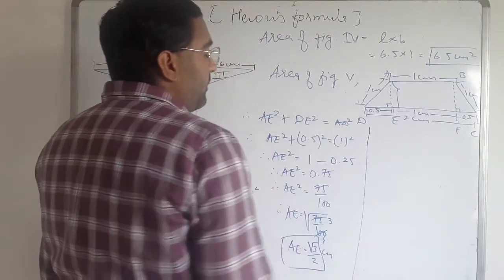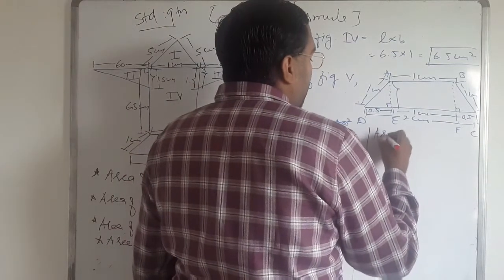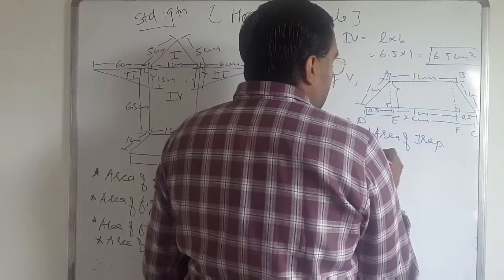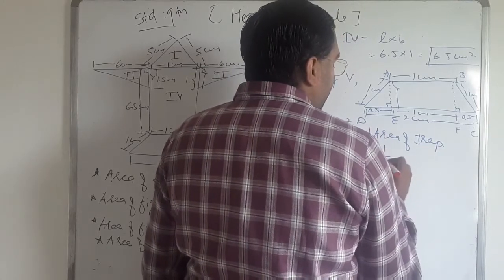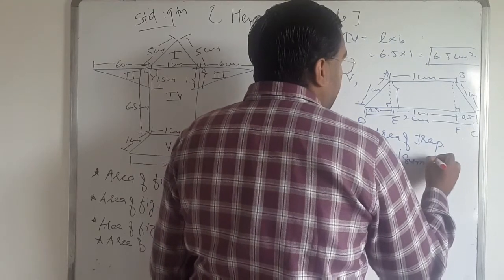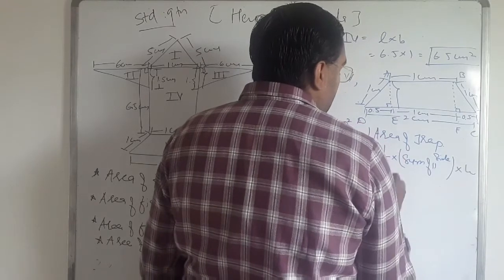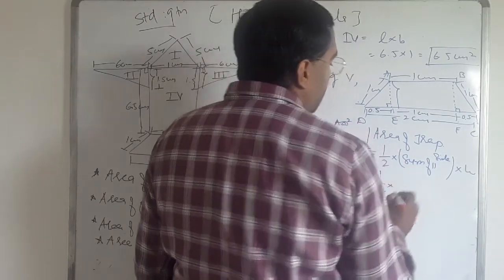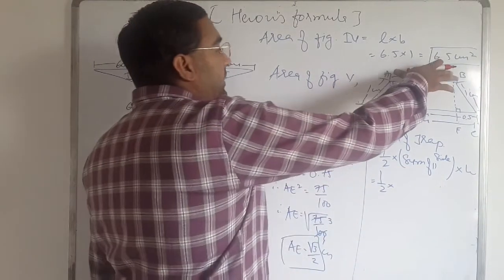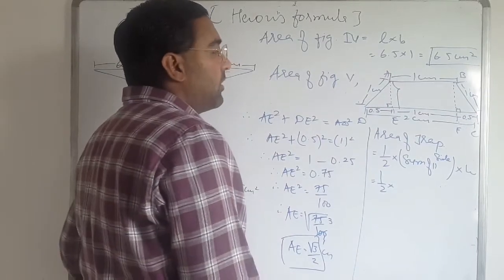Now we take the area of the trapezium formula. Area of trapezium is equal to half into sum of parallel sides into height. There are two parallel sides, AB and CD, both parallel to each other.